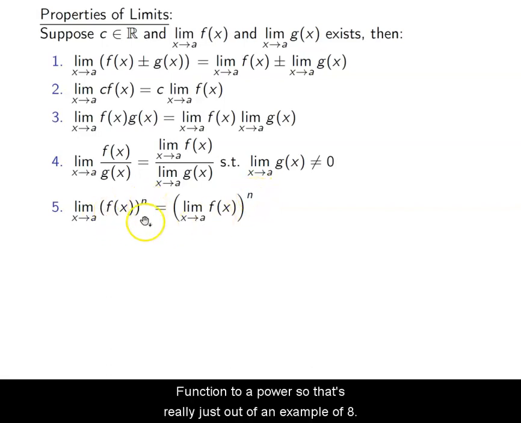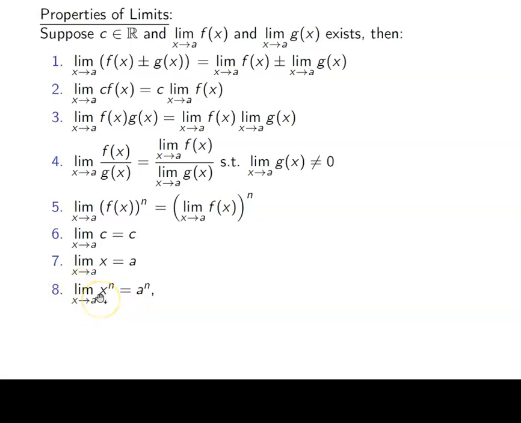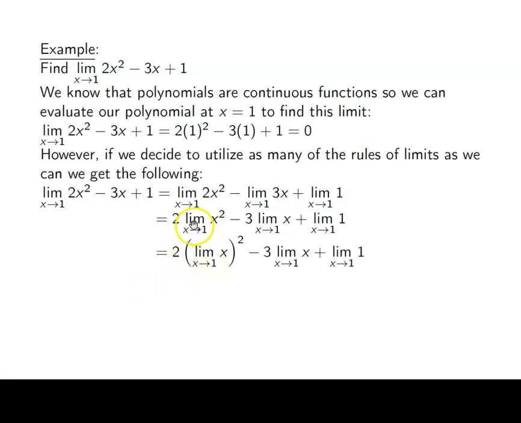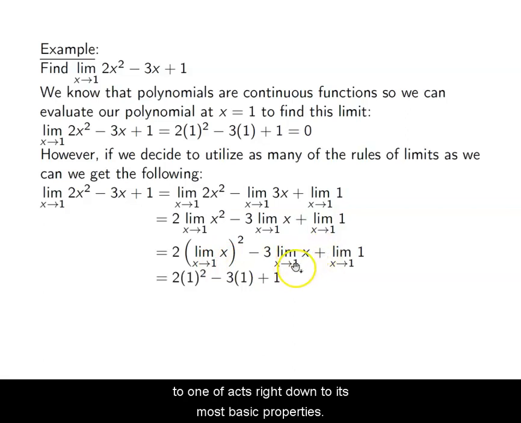Some function to a power. So that's really just an example of 8. Okay, so the limit of x squared, I can say is the limit of x being squared. So I've broken everything down to the limit as x goes to 1 of x, right? Down to its most basic properties.